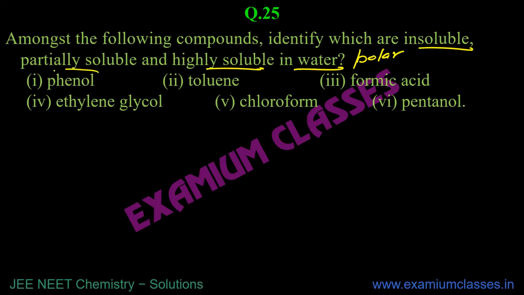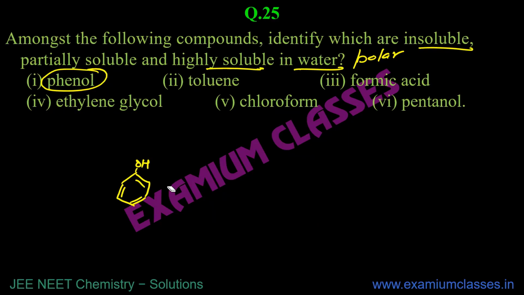So talk about phenol. Though the OH group is there, OH is actually an alcoholic group, but here it is on an arene. So due to hindrance, and remember, I will be talking about the same thing in one other option in the same question, if hindrance is higher here, then the hydrogen bonding will not be great.